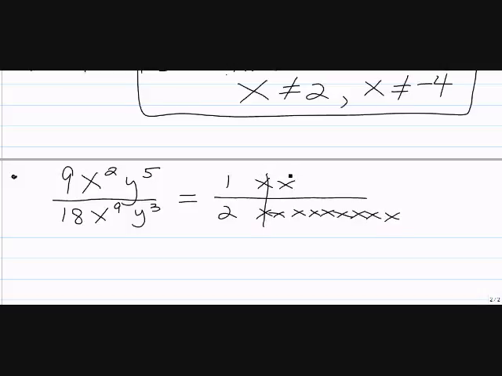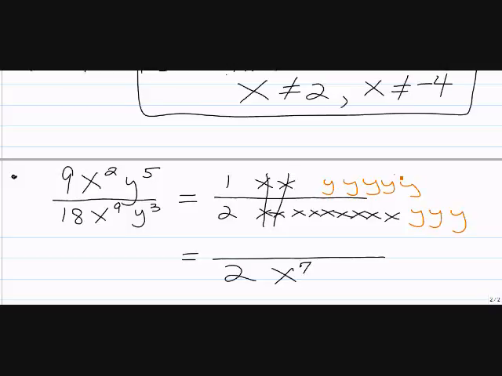There's a common factor, there's another common factor. So I end up with just x to the 7th on the bottom. With my y's, 5 y's on the top and 3 on the bottom. Common factor, common factor, common factor. Left with a y squared on the top. Simplified.